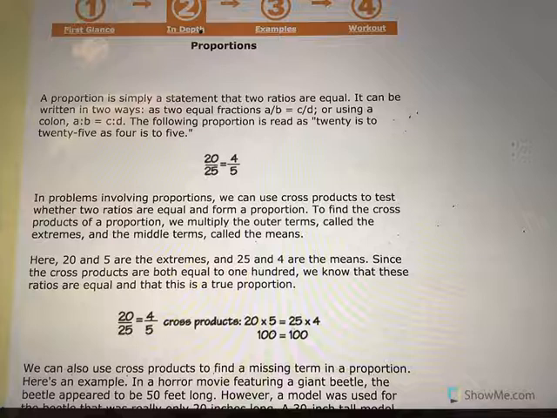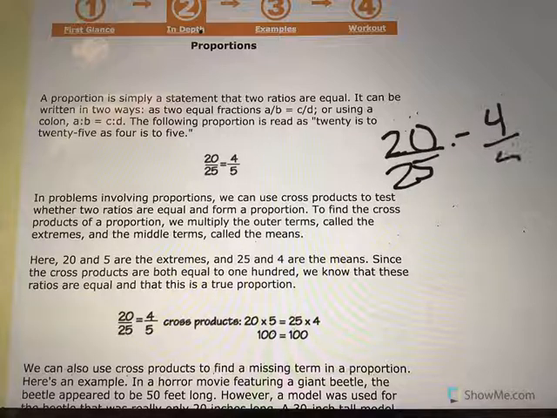We can also use what's called the property of 1, which you have heard many a time, which just means whatever you do to the top, or the numerator, you do to the denominator, the bottom. So on this problem, how do I go from 20 to 4? You divide by 5. 20 divided by 5 is 4.